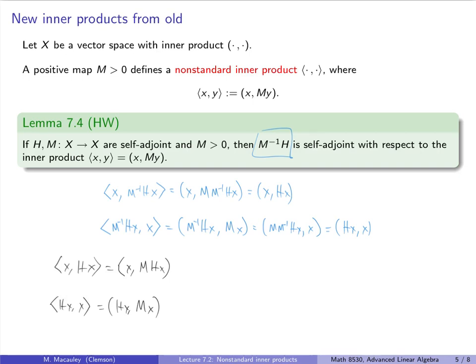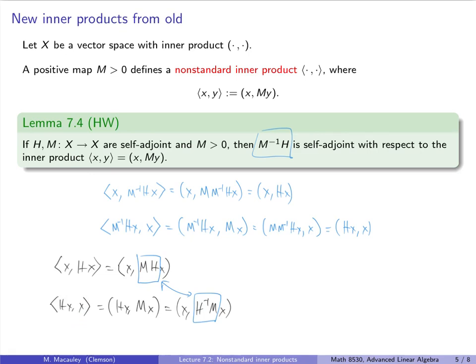Actually, let me move h over here, and I'm going to write this as the inner product of x with h inverse mx, and it's generally not going to be true that mh is equal to h inverse m. So if you find any matrix A for which this does not hold, then H is not going to be self-adjoint with respect to this new inner product.